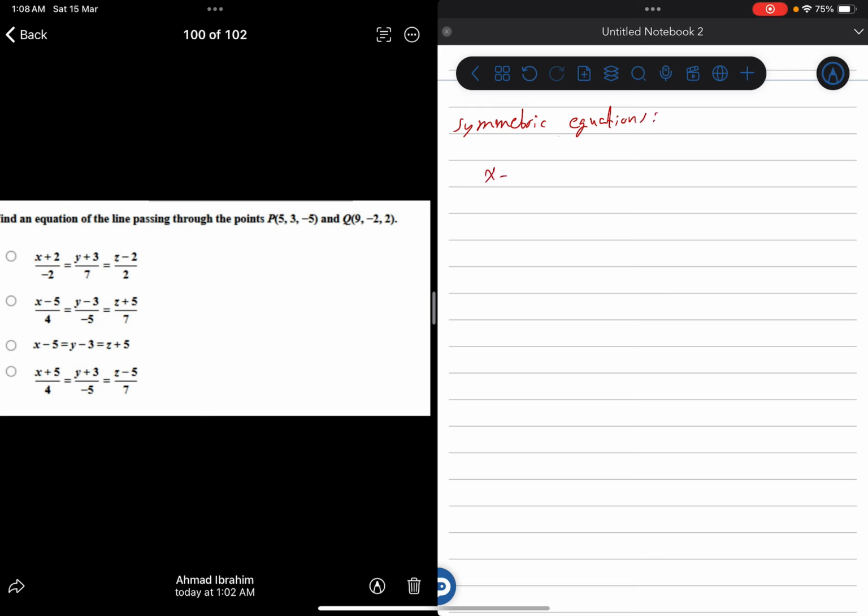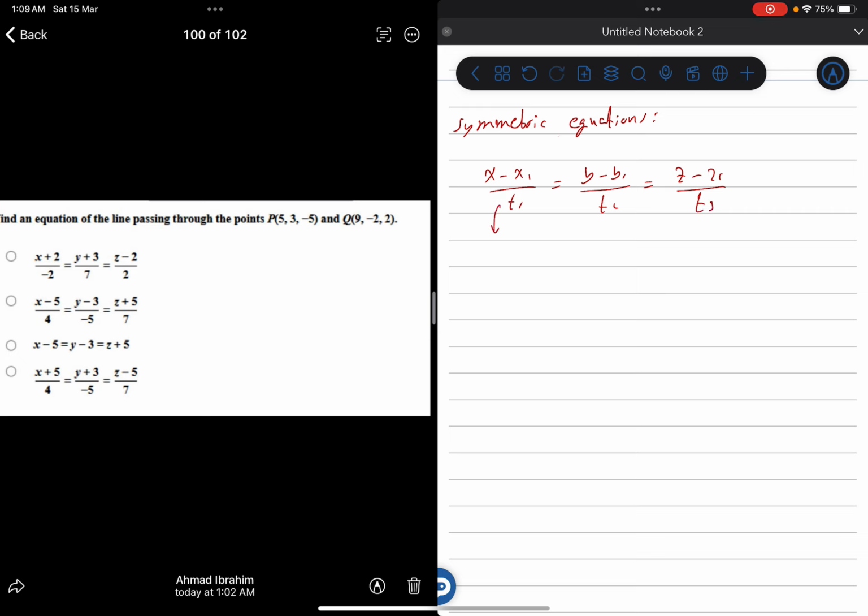It is x minus x1 over a1, y minus y1 over a2, and z minus z1 over a3.